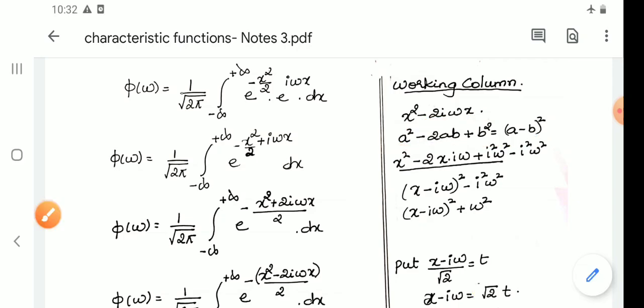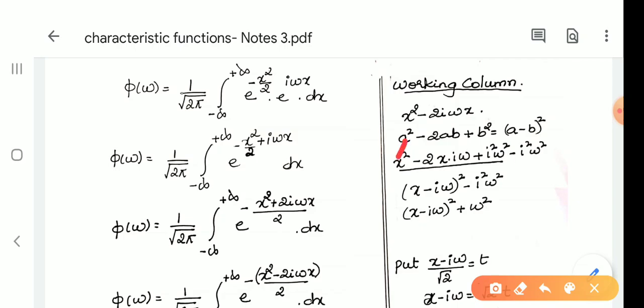Now if we see properly, in the place of a square we have x square here, and in the place of 2ab we have 2, in the place of a we have x, in the place of b we have j omega. So 2ab becomes 2x j omega.